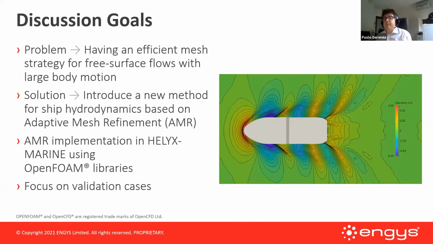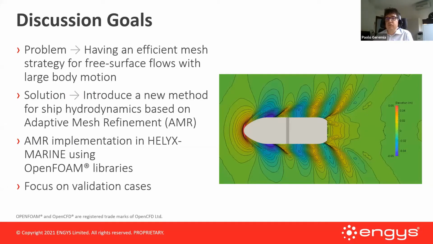And this is why we thought that probably a solution we could provide to this problem would be based on adaptive mesh refinement. And this is what the talk is all about today. And we will see also how this AMR, adaptive mesh refinement, will be implemented in Helix Marine using OpenFOAM libraries.